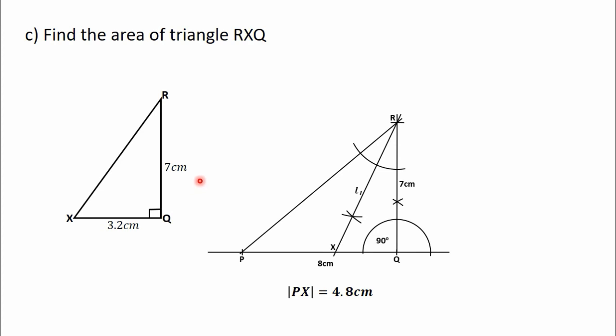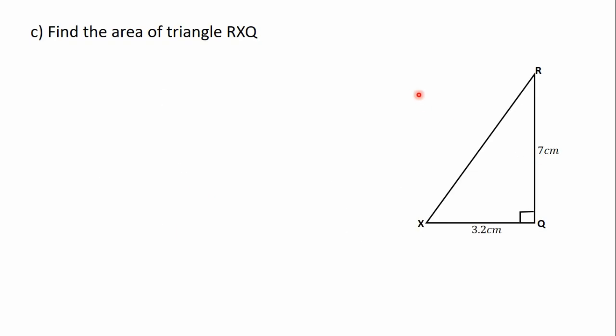Let's do that. So we have the triangle RXQ here. QR, which is the height, is 7 centimeters, and XQ, which is the base, is 3.2 centimeters. In the videos on mensuration, we learned that the area of a triangle is equal to half times the base times the height.